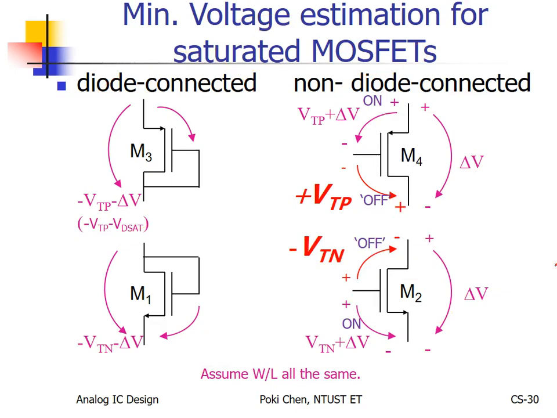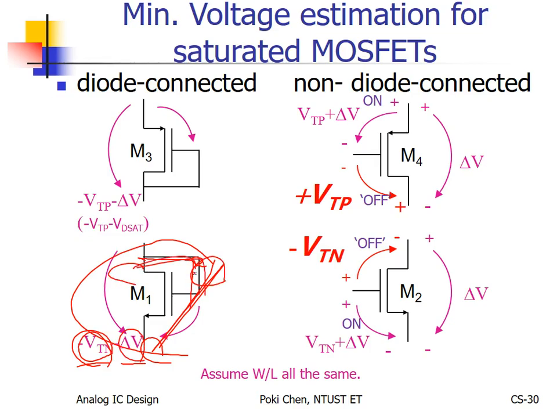I told you already, for NMOS, gate and drain should be one VTH and one delta V higher. It means the source needs to be one VTH and one delta V lower than the gate and drain, because the gate and drain are connected. That is the diode connection.